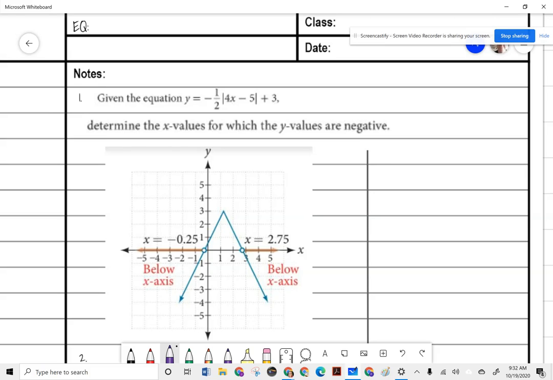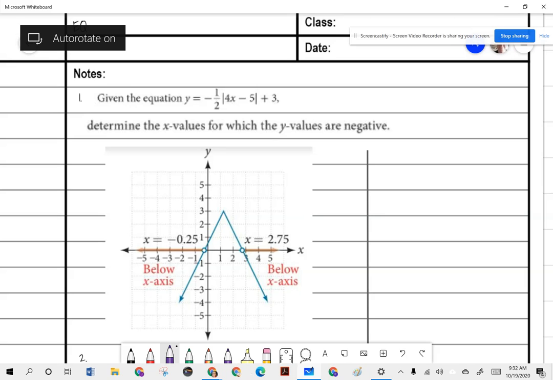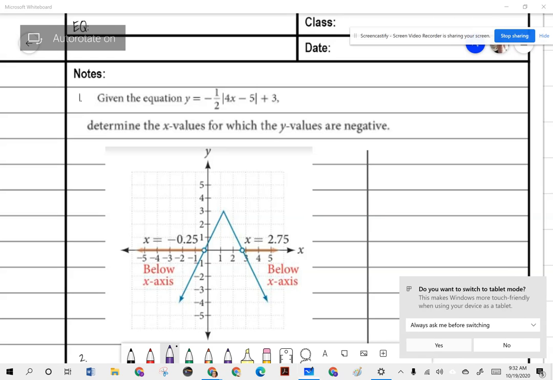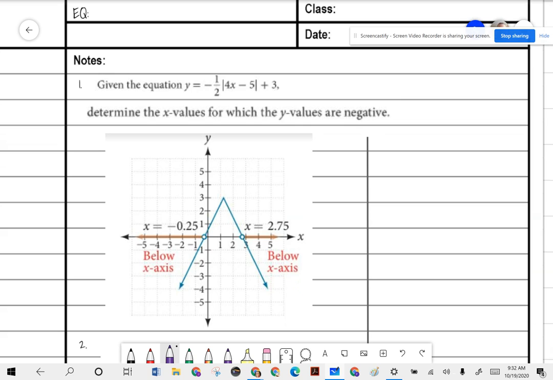So if we were to take that equation and write it as an inequality, we need to be able to understand what that means when the y values are negative. So that would mean that this function right here would want to equal negative values. So we would be able to rewrite this as, here's the equation that would go with that.